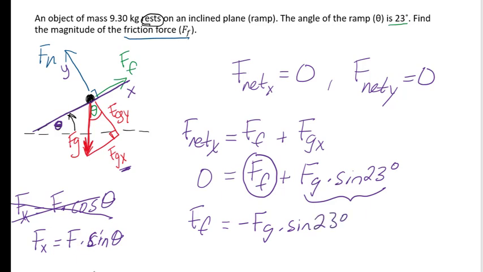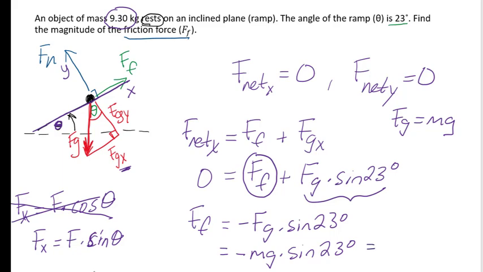And if you remember, Fg, weight, is m times g, 9.81 meters per second squared. So minus Fg would be minus mg times sine 23. So our mass is 9.3 kilograms. g is going to be negative 9.81 meters per second squared.